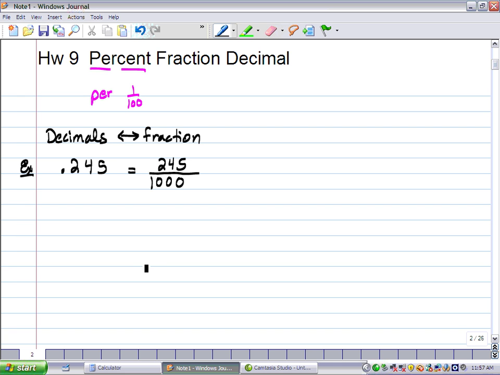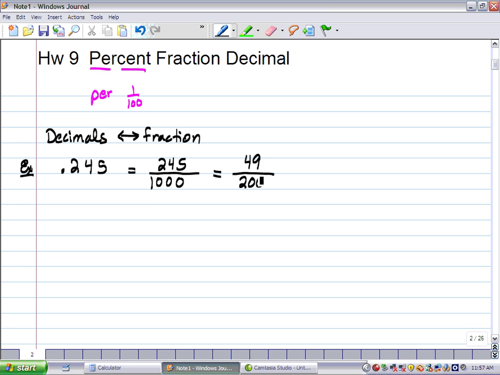And then if I want to reduce the fraction, what number goes into 245 and also into 1,000? Five goes into 245 49 times, and 5 goes into 1,000 200 times.